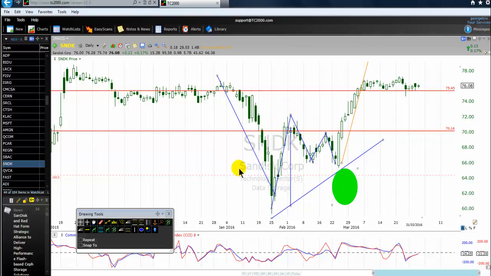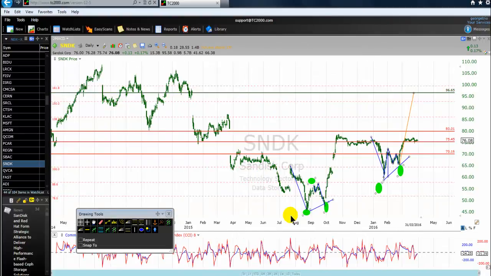Can you agree with me that this pattern here is almost identical to this pattern? Will you agree that this pattern has copied itself, so to speak, and pasted itself on the same time frame right here? This is what we call a predictive fractal pattern.